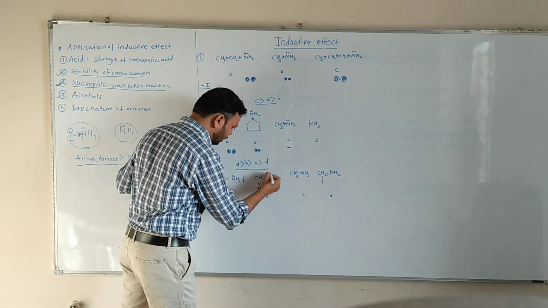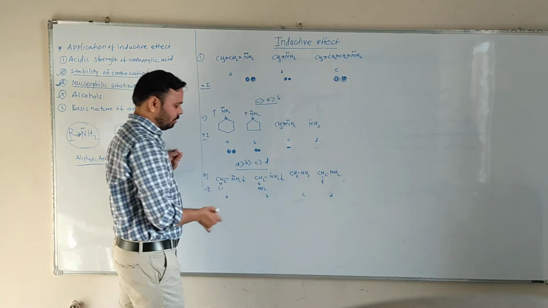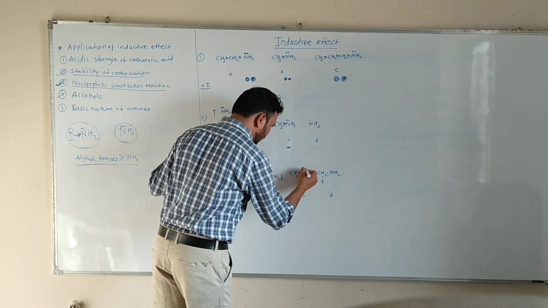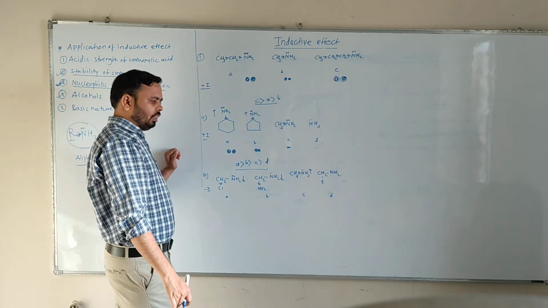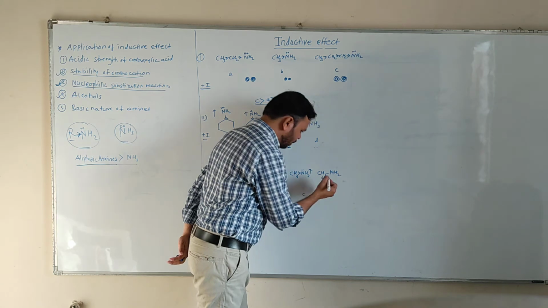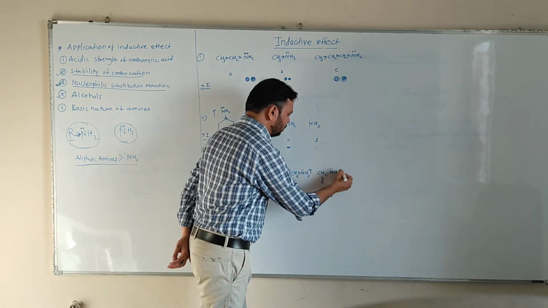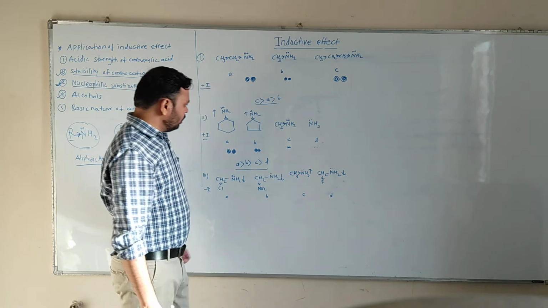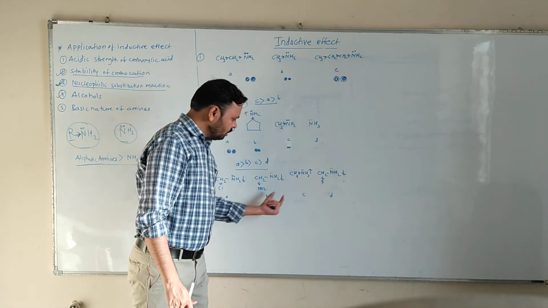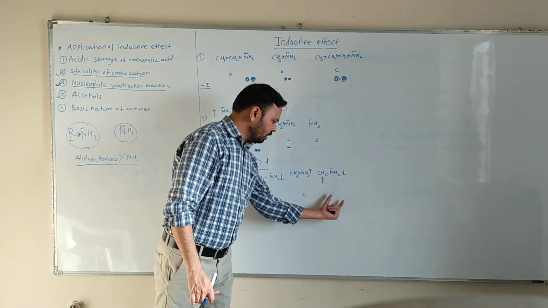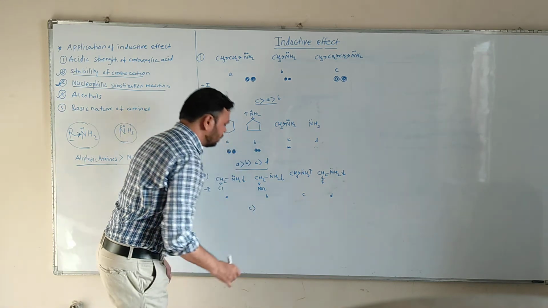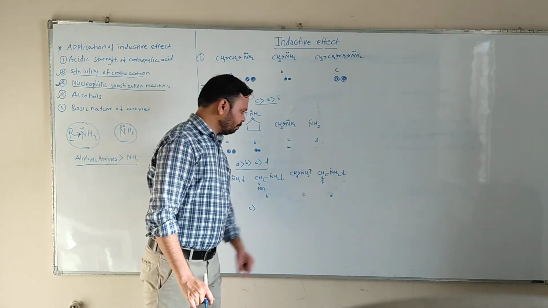It also decreases electron density. In example C, the electron density will increase. And in example D, it is also electron withdrawing, so the electron density will decrease. So in example A it decreases, in example B it decreases, in example D it also decreases. Out of these, C will be strong because the electron density is maximum in C.